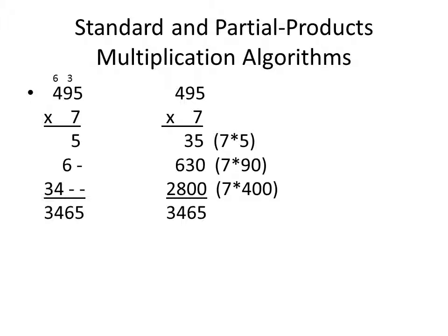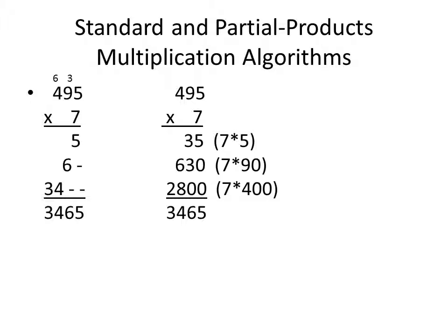We'd record a 6 and carry a 6 to the hundreds place. We'd leave 2 phantom spaces in the third line of our algorithm. Multiply 7 times 4, 28, plus 6 more is 34. We'd record that. We'd sum all of the rows of our multiplication algorithm to get the answer of 3,465.